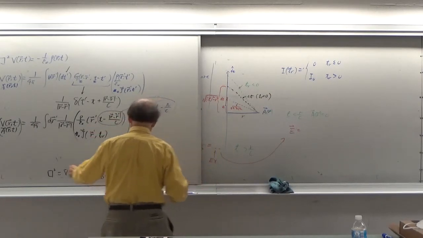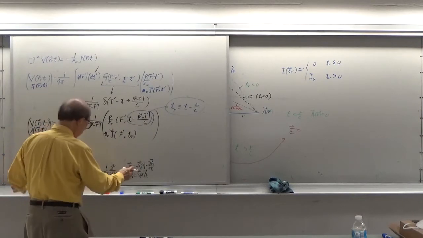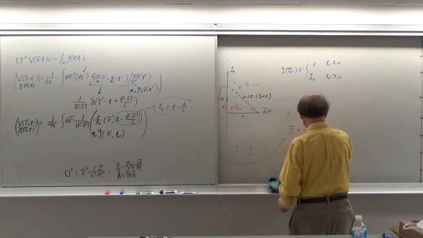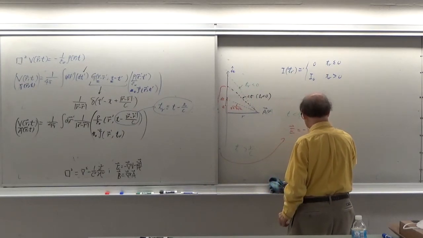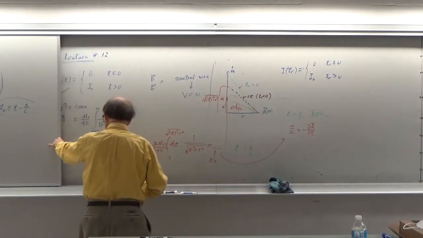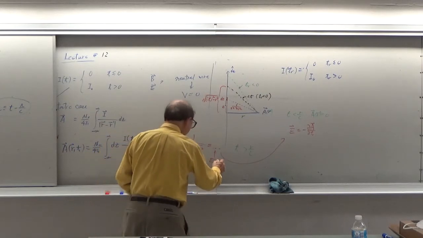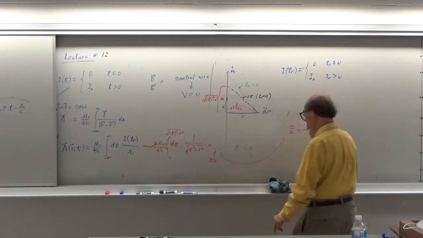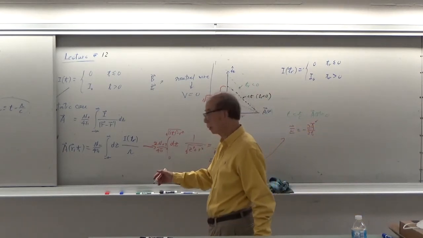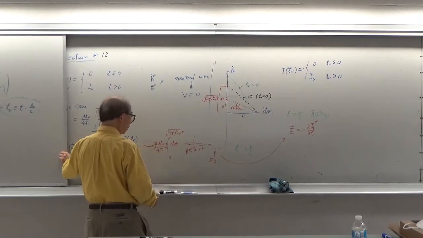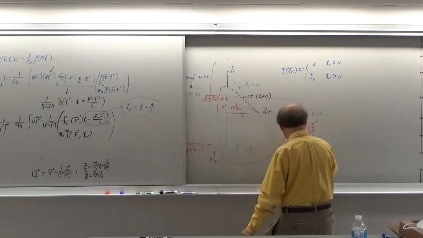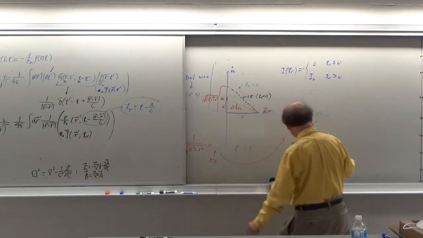So the only contribution would be minus del A by del t. A is found to be this result, so you can get this. The integration is slightly complicated; you can look up the integration table. And then for B, B is nothing but curl A.